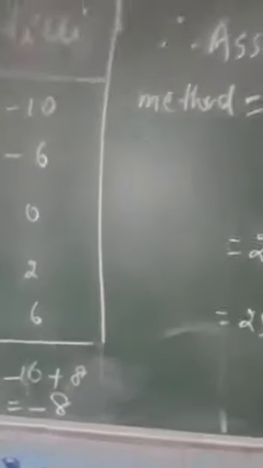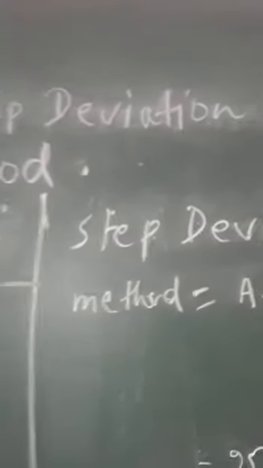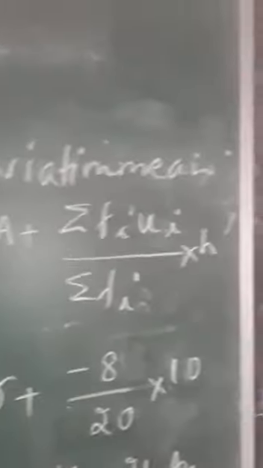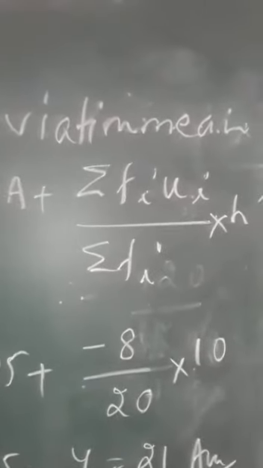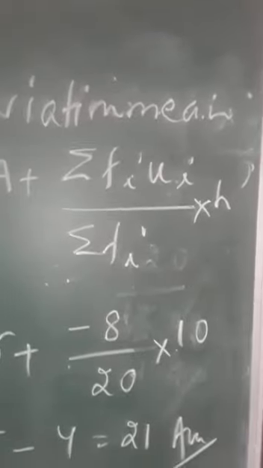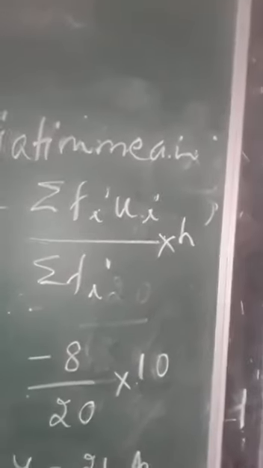Now we will use the formula to find the mean by step deviation method. The formula is equal to a plus summation fi ui divided by summation fi, into h. Here h is the class size.